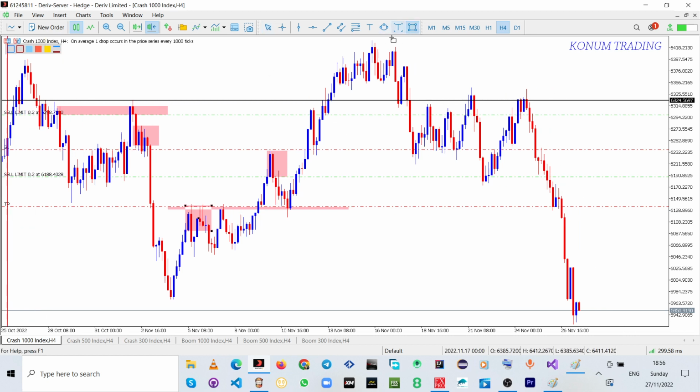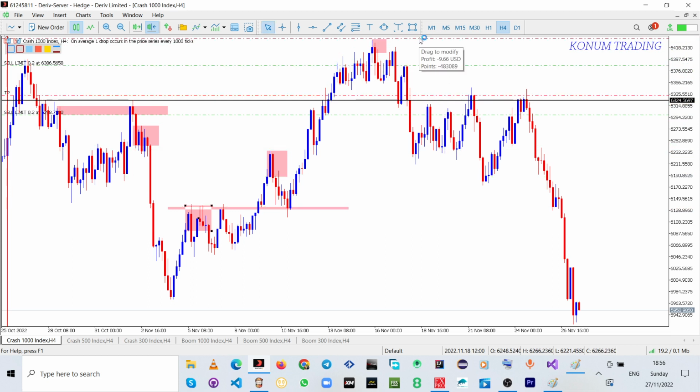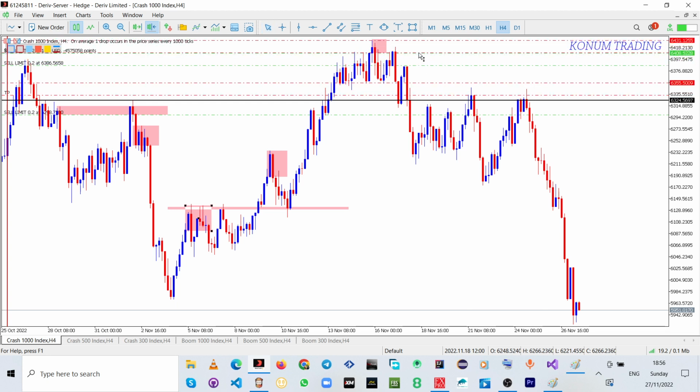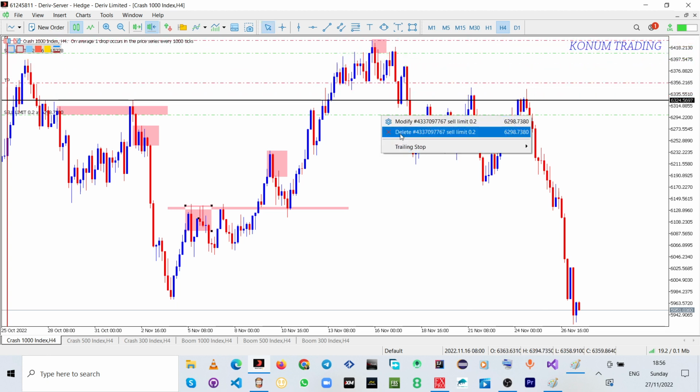So the next zone that I'm going to be showing is right here. Now these are what we call money making zones, with very little risk and very large reward. Let me delete this so that you don't get confused.